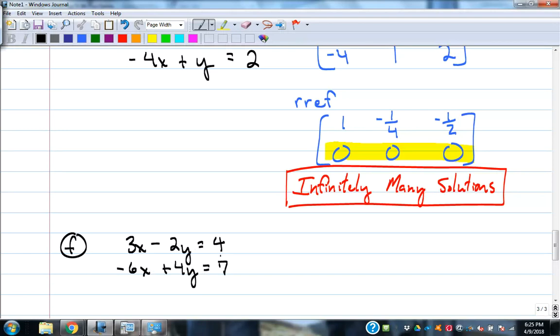Let's put this one in a matrix. 3x minus 2y equals 4. And then negative 6x plus 4y is equal to 7.